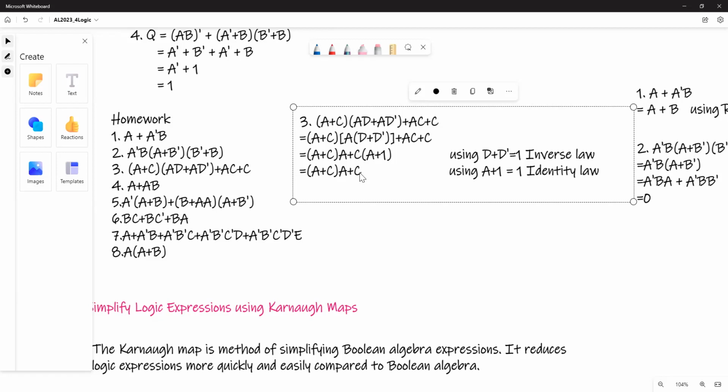So when you multiply, what will happen? We have A into A, that means A, plus, when you multiply A into C, we have AC, plus, we have C.